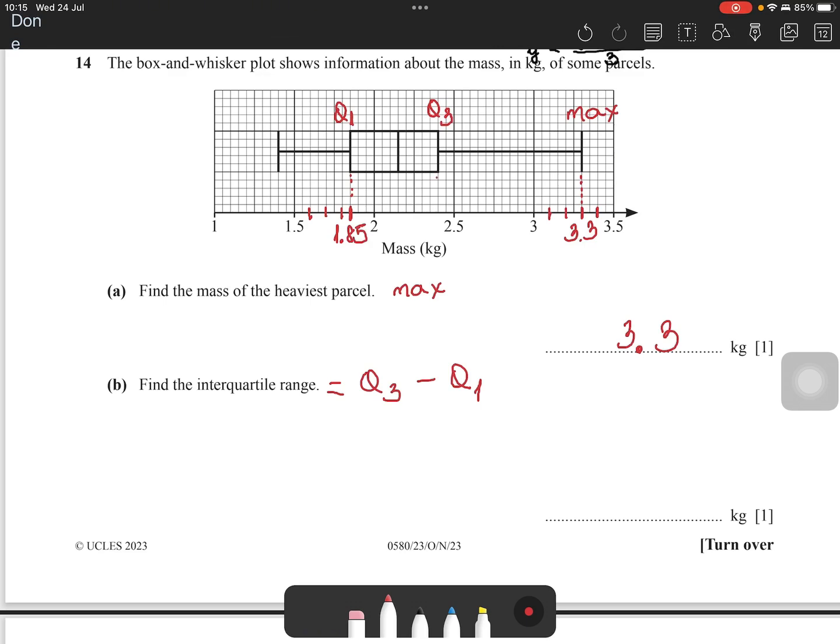And Q3 is here, so it is 2, 2.1, 2.2, 2.3, and 2.4. Q3 is 2.4 and Q1 is 1.85. So the answer is 0.55 kilograms.